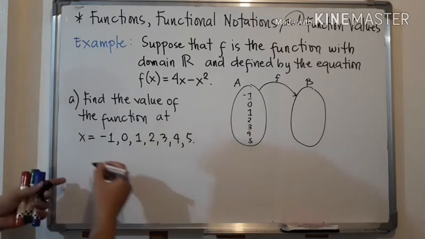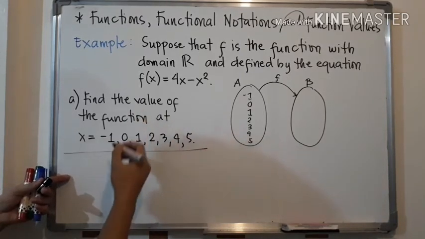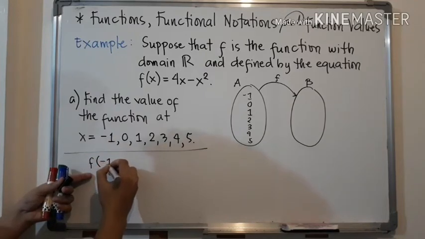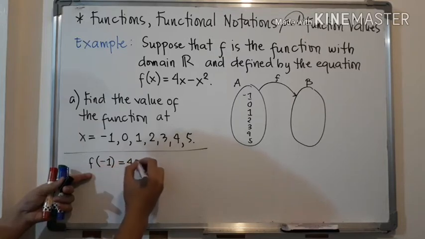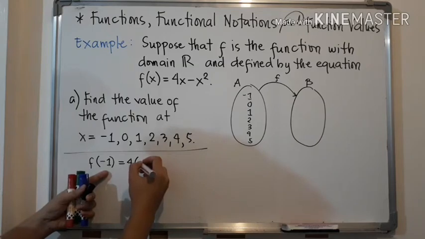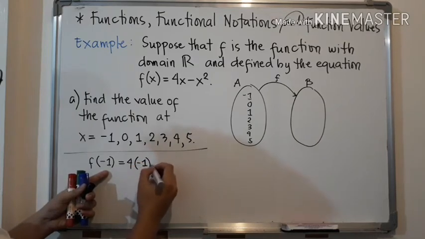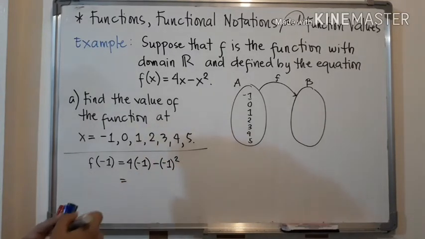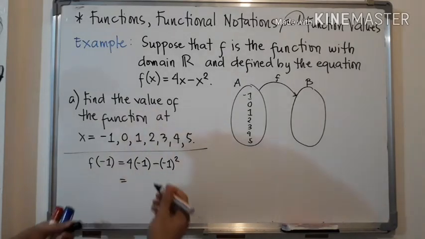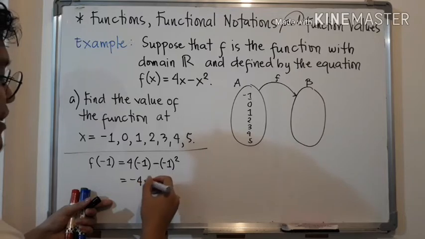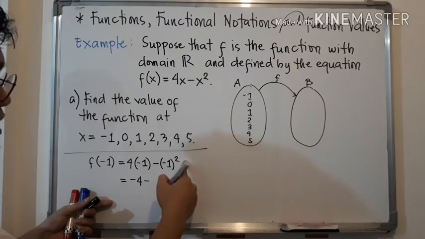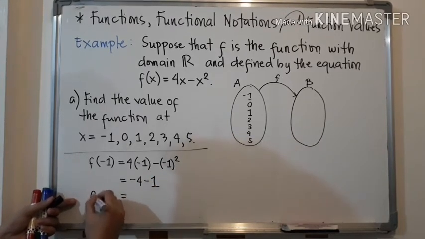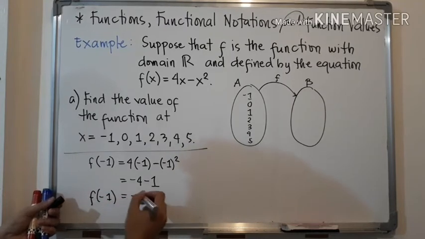So we have f, our function, the function value at x equals negative 1 is equal to 4 times, we substitute this value of x, minus negative 1 squared, and then simplify this. 4 times negative 1 is negative 4 minus negative 1 to the power of 2 is positive 1 times negative is minus 1, and so the function value at negative 1 is negative 5.